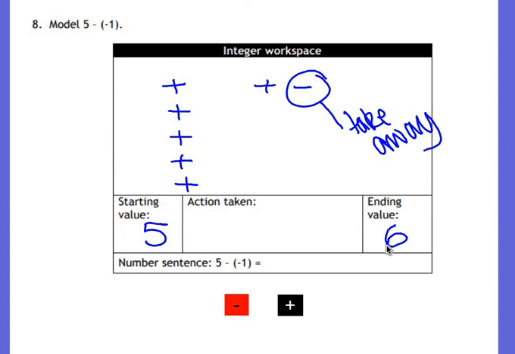So let's recap the actions that I took. I first had 5 positive tiles. Then what did I do? Added a 0 pair. Added how many 0 pairs? 1 0 pair. Then what did I do after I had the 0 pair?